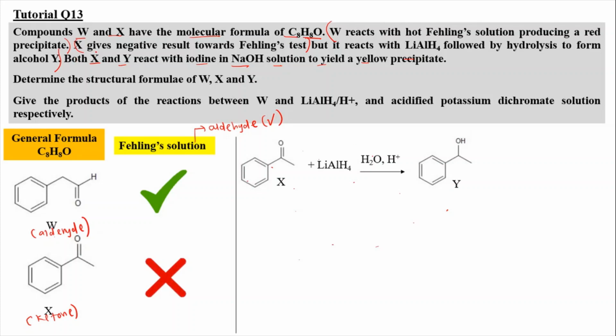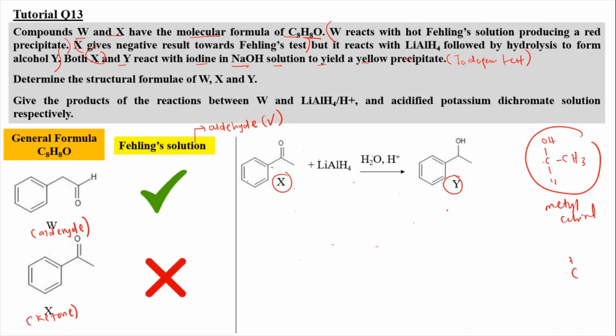And then it says that both X and Y react with iodine in sodium hydroxide solution to yield a yellow precipitate. So this refers to the iodoform test. Okay, so the iodoform test is used in order to detect the CH3CO group, which is a methyl ketone, and also used to detect the CH3CH(OH) group, which is a methyl carbinol.